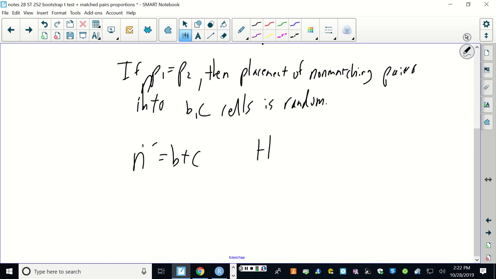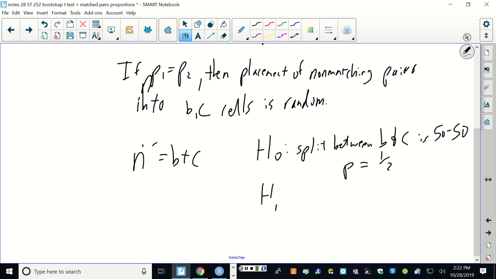And we're going to have a hypothesis that the proportion split between B and C is 50-50, which is an assumption that there's a proportion dividing those that's just 1/2. The alternative is that the proportion dividing between B and C is not 1/2.